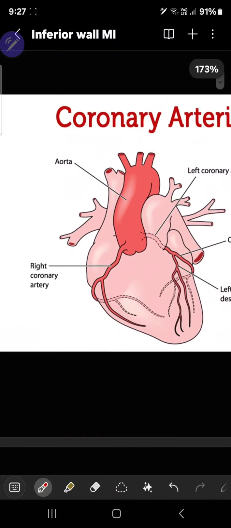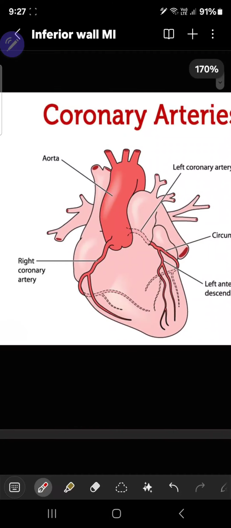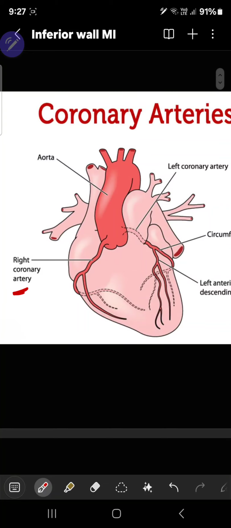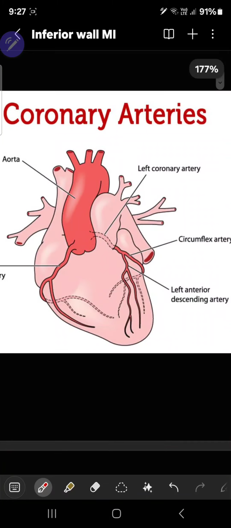If I zoom in here, this is the aorta. As you can see, from the base of the aorta two coronary arteries arise. This is the right coronary artery, which supplies the right side of the heart. To the left side of the heart you can see the left coronary artery.